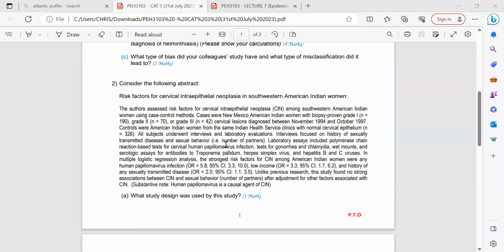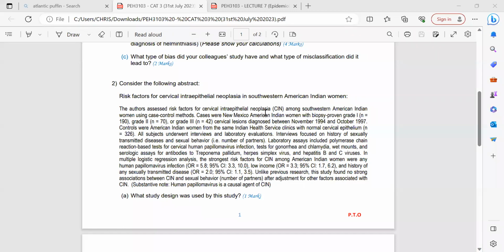So I want to read through this abstract quickly. The authors assessed risk factors for cervical intraepithelial neoplasia in Southwestern American Indian women, using case control methods.